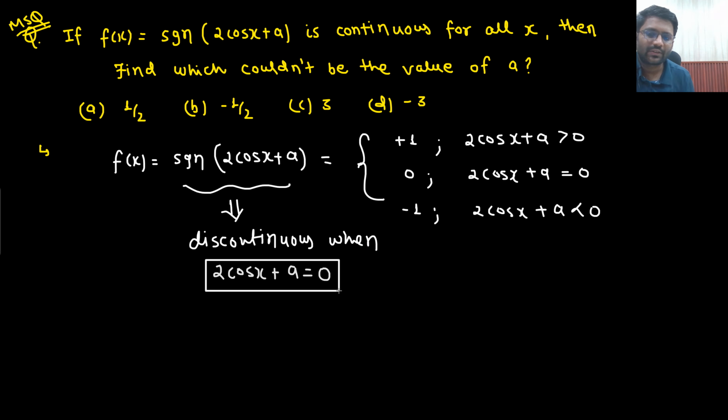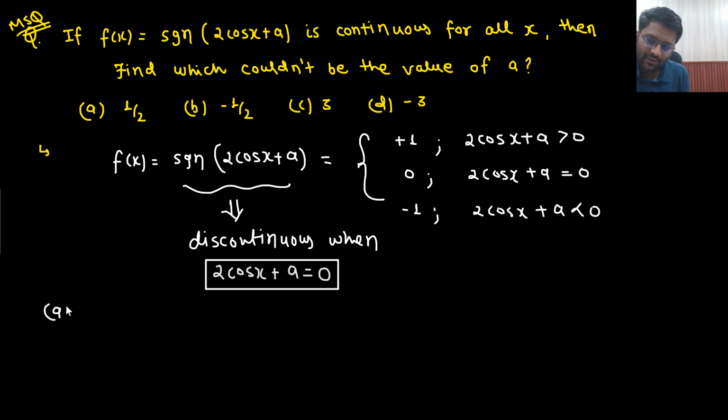It will be discontinuous when this function 2 cos x plus a is becoming 0. Is that understandable to you or not? Say yes or no. When 2 cos x plus a becomes 0, at that time it will be discontinuous, because at 0 it is changing the definition. Greater than 0, plus 1; less than 0, minus 1. So this is the scenario we are getting.